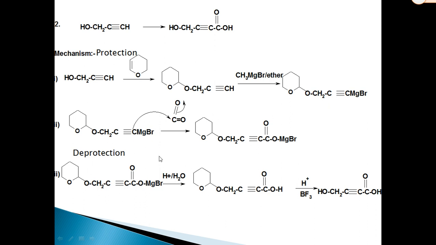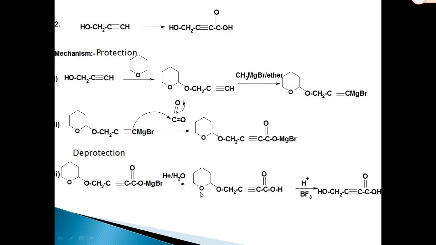Now it's time to break this complex on hydrolysis. H positive and OH negative react with the MgBr to form the COOH group. Here our reaction target is complete. Now we want to remove this ring.